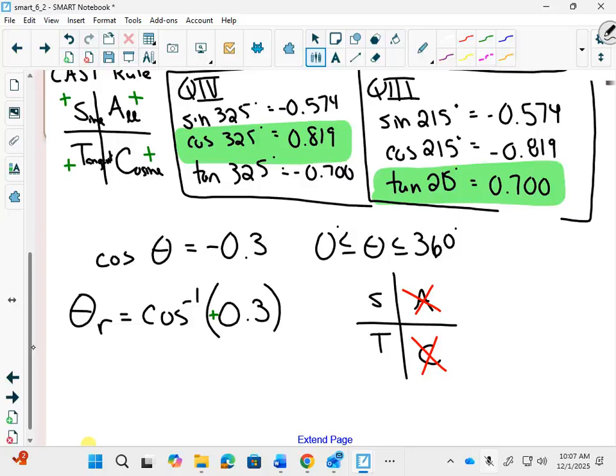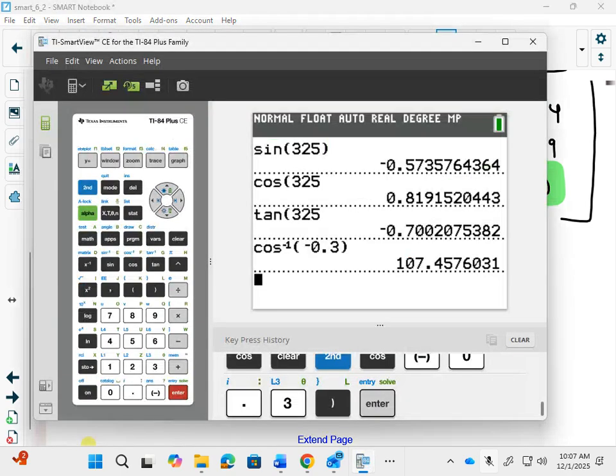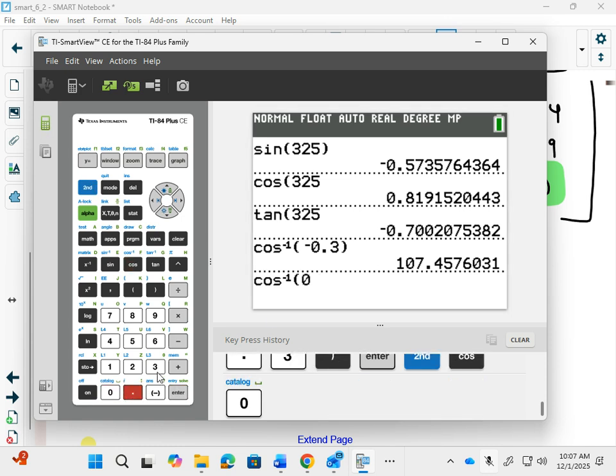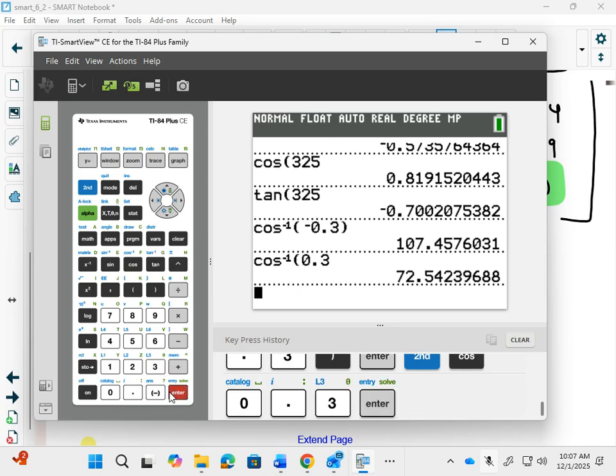And so I'm going to go back to my calculator and pretend I actually didn't do this, because the proper technique, we would do cos inverse of positive 0.3 first, and be like, oh, my reference angle is 72.542.